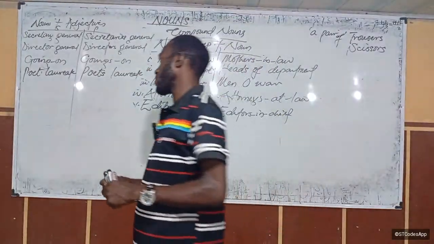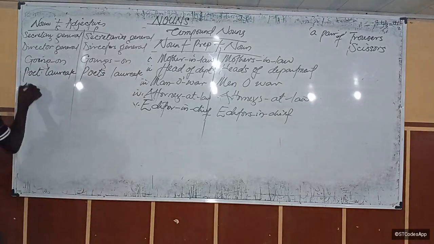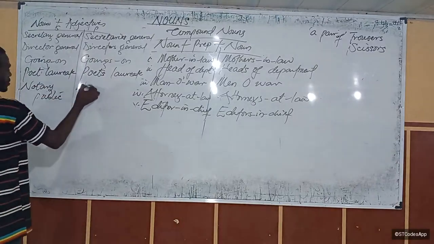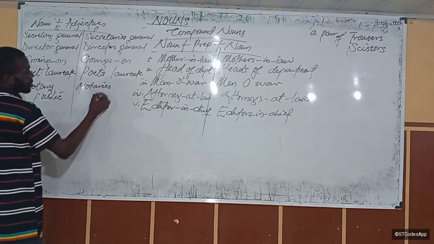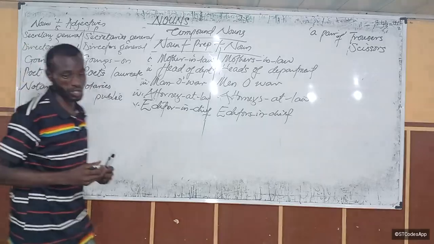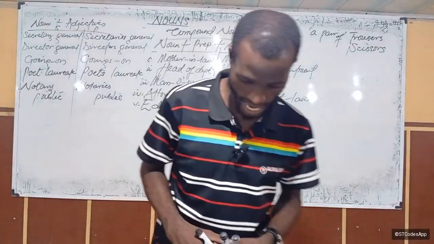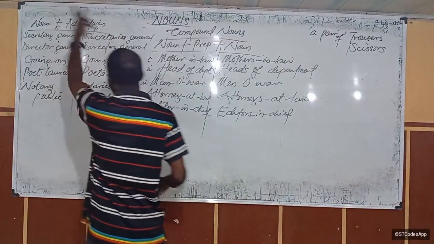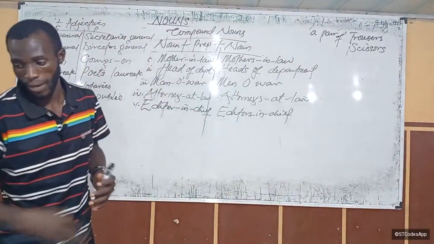We also have notary public. Notary public becomes what? Notaries public. All right. And notice the pluralization too: y changes to ies. Is that okay? All right. Now, what if we now have it switched or flipped? Adjectives plus noun.